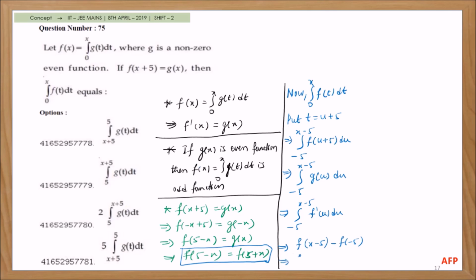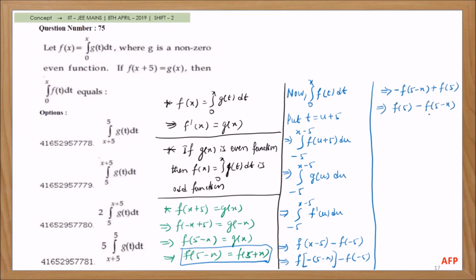Taking the minus sign outside, we get f of 5 minus x, and since this is an odd function, minus of f of 5 minus x. Minus into minus gives plus, so we get f of 5 minus x, which is f of 5 plus x using this property.